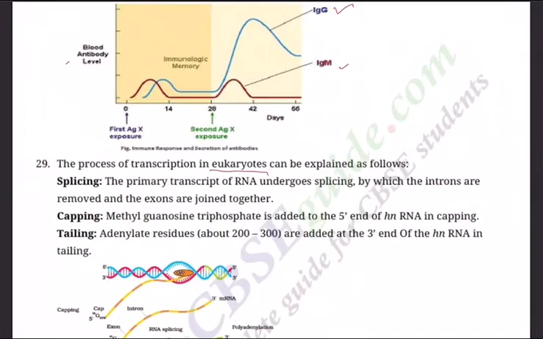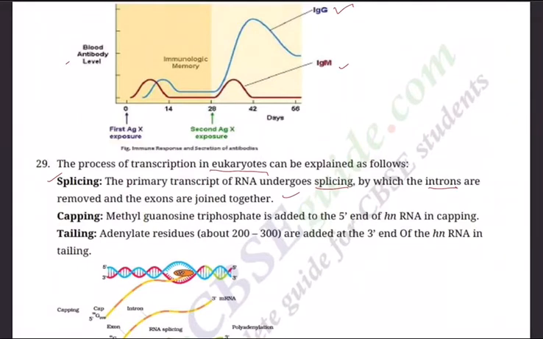The process of transcription in eukaryotes, eu means clear, karyon means nucleus, can be explained as follows. Splicing. The primary transcript of RNA undergoes splicing, by which the introns are removed and the exons are joined together. So there are 2 things, exons and introns. So if exons are joined together by removing introns, that is called splicing.